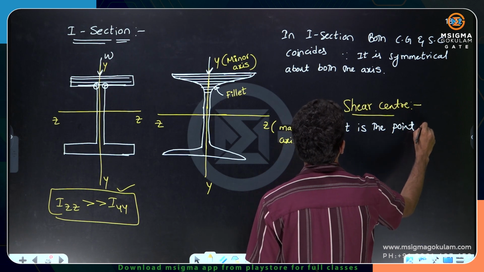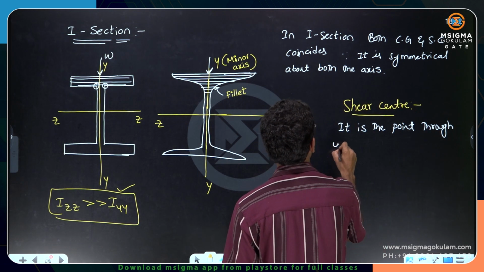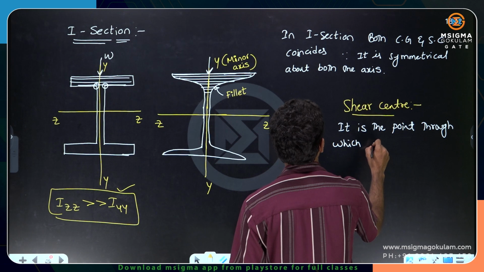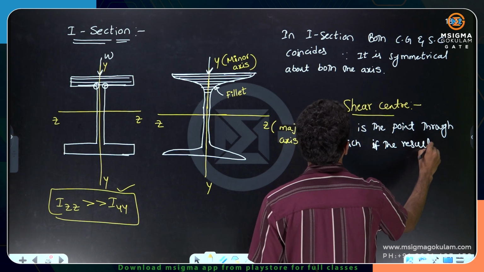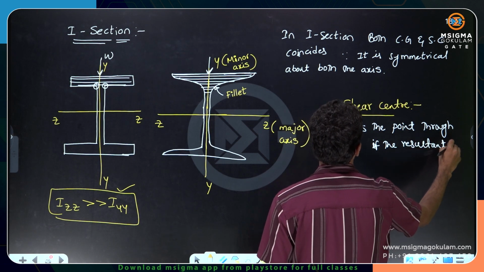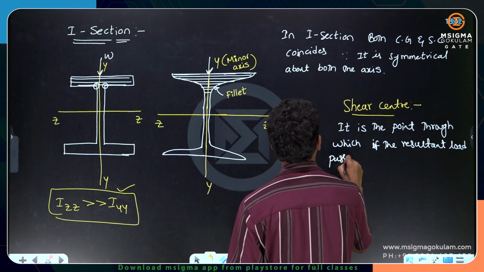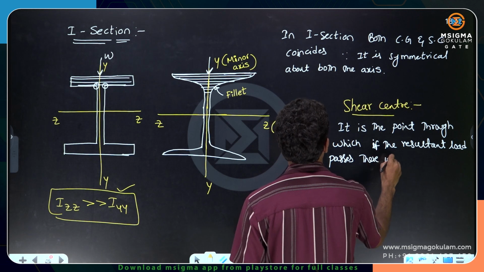It is the point through which, if the resultant load passes, there will not be any torsion.